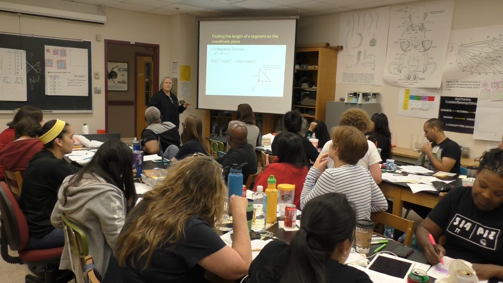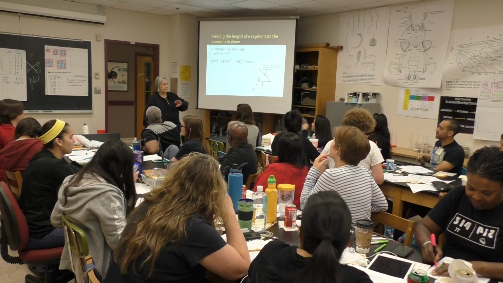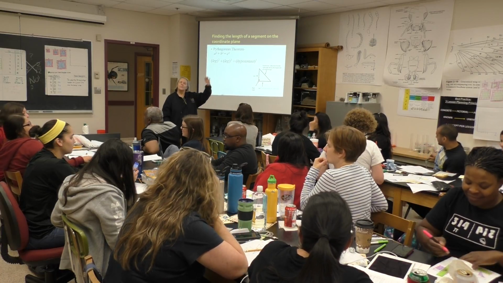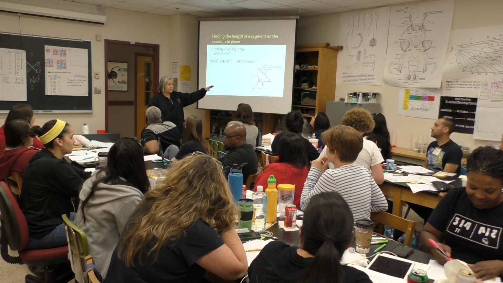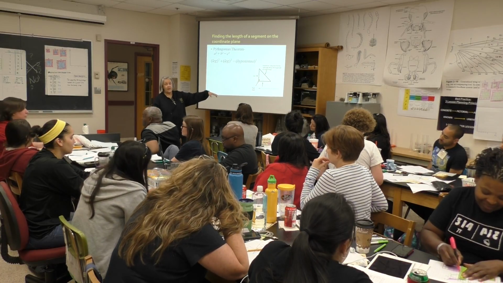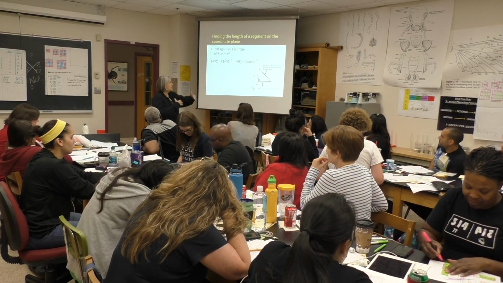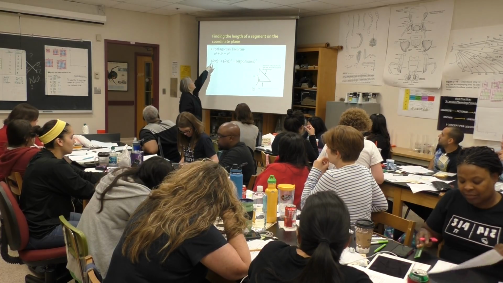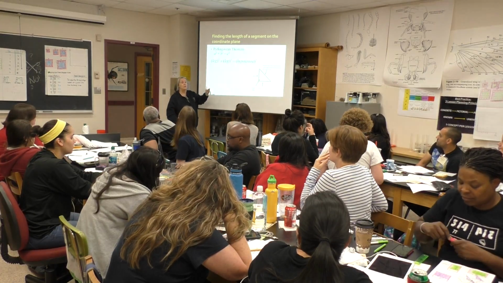Okay, where were the Babylonians in that timeline? Were they before the Greeks or after the Greeks? They were before the Greeks, right? Well, they have found tablets, they call them Babylonian triples. They have found tablets of values that work with these right triangles, and they're called Babylonian triples.